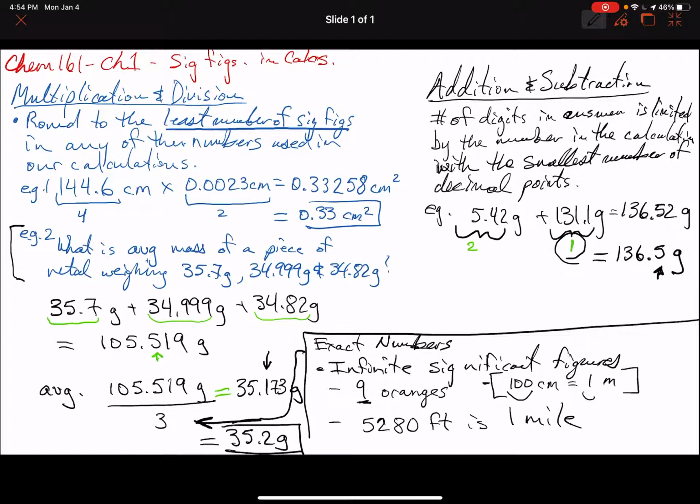Okay, so hopefully this has taught us not only how to handle multiplication division only type questions and how to report out with the correct number of Sig Figs in this case, but also to handle addition subtraction problems, which now we simply look carefully at the decimal place positions and report out correctly there.